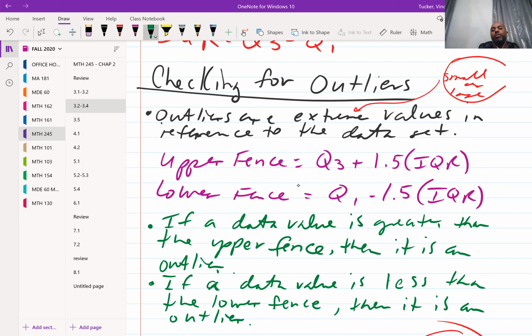These numbers are created by doing Q3 plus 1.5 times the IQR, which is your upper fence, and Q1 minus 1.5 times the IQR, which is your lower fence. Once again, if a number is greater than the upper fence or less than the lower fence, it's considered an outlier. That prevents us from having to sit here and guess whether something is an outlier or not.